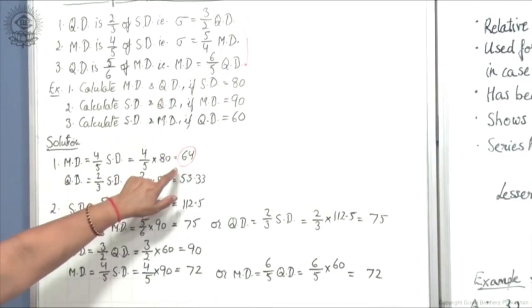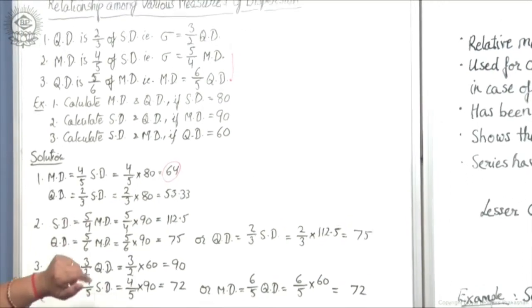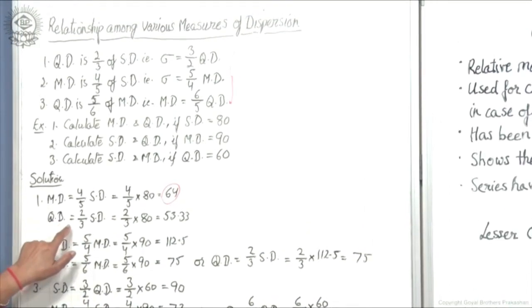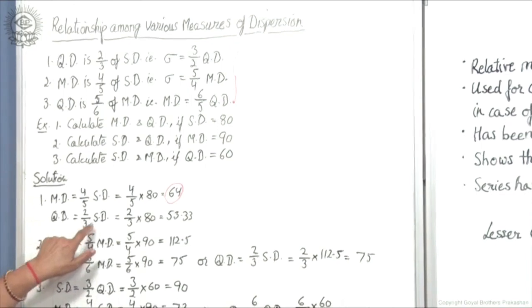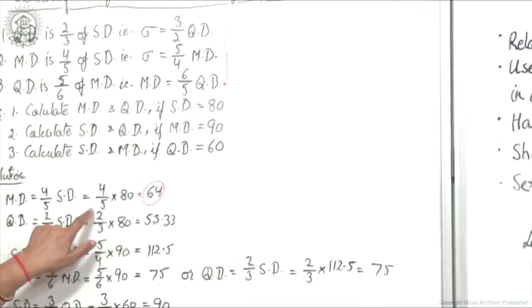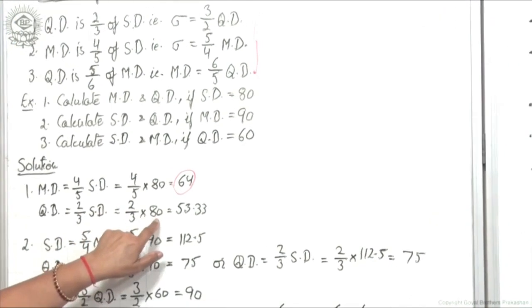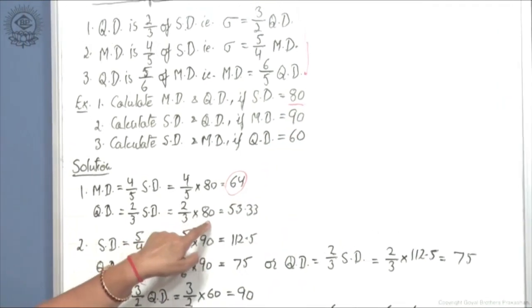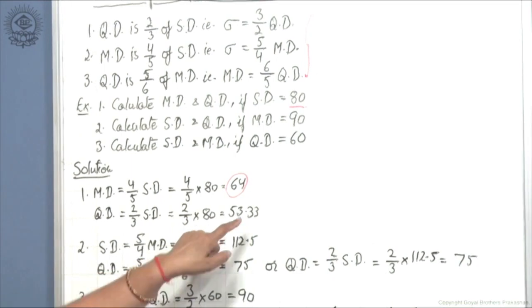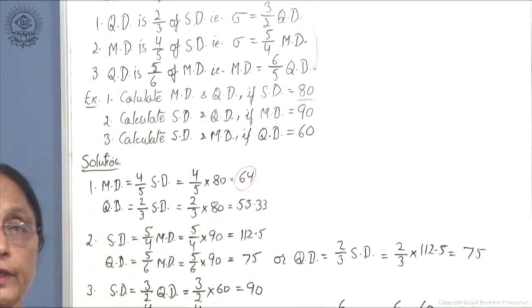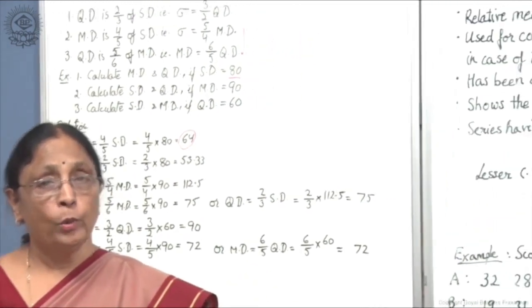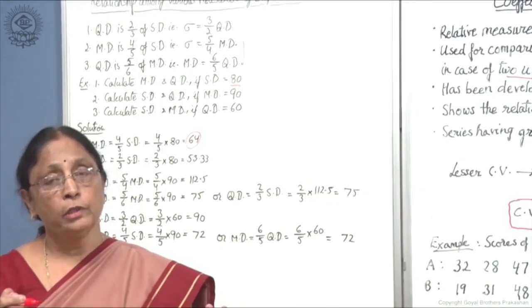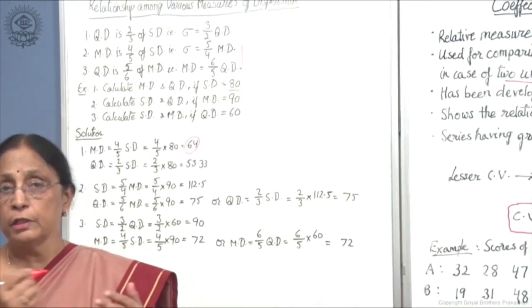In the same way, QD is equal to 2/3 of SD, and SD is 80 given to you, so 2/3 of 80, and this is QD. So if one is given, either SD, MD or QD, you can find out the other two because there is a relationship.